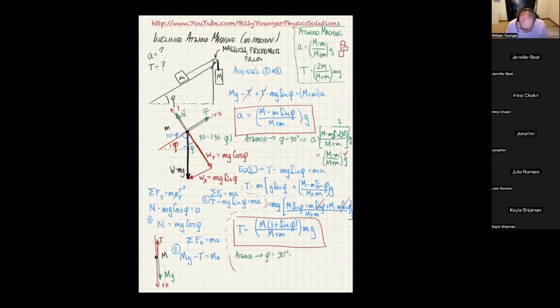And when phi is equal to 90 degrees, T becomes M times 1 plus 1 over M plus m times mg, which is in fact 2M over M plus m times mg. So again, we get another check mark. Everybody follow that?